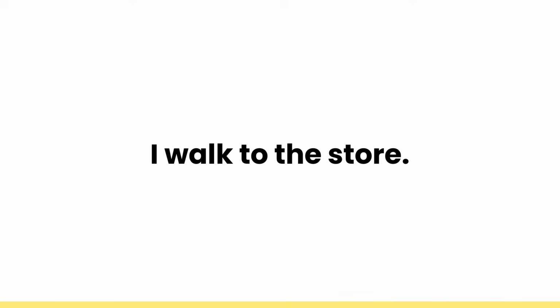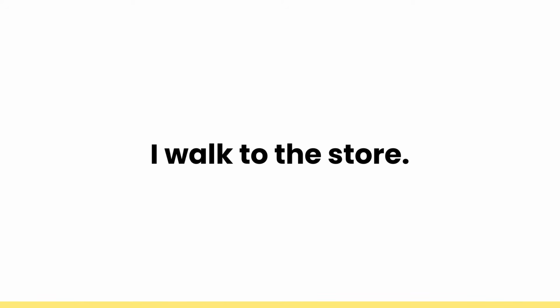That's the grammatical term we use to refer to the word I. And when we talk about verbs, what we often refer to are action words. So words that describe motion or that describe what a person is doing. So in this sentence, I walk to the store, the word of motion or the word that describes what I am doing is the word walk.